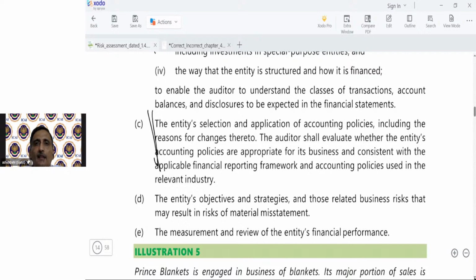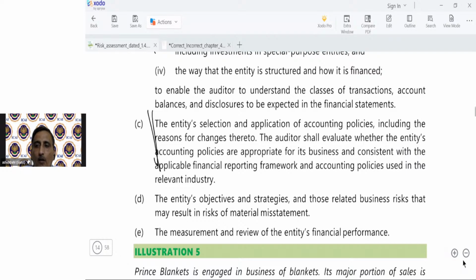Okay, so we have already done this subtopic in quite detail in chapter 2. So it is the same here, repetitive. Because it relates to SA 315, that is why it is reproduced here. Okay.